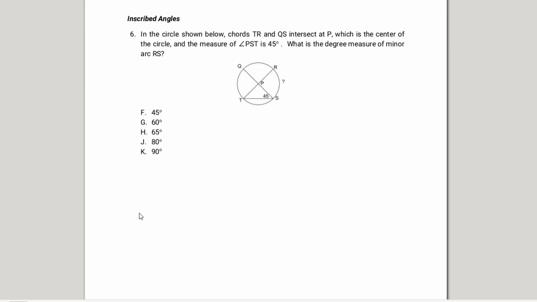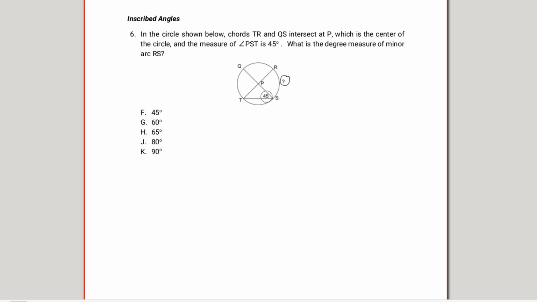Let's take a look at question number 6, which gets into inscribed angles. It says, in the circle shown below, chords TR and QS intersect at P, which is the center of the circle, and the measure of angle PST is 45. It's labeled here. What is the degree measure of minor arc RS?